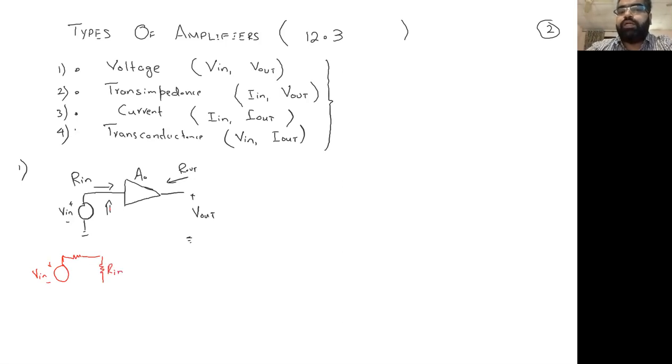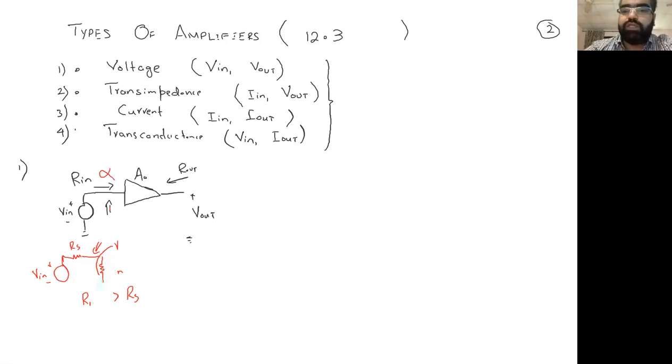If R in is a smaller value than RS, or R in is not very much bigger than RS, then what will happen? The voltage will drop here. We want all the V in to appear here. So that's why, ideally, in voltage amplification, the input impedance should be infinite.